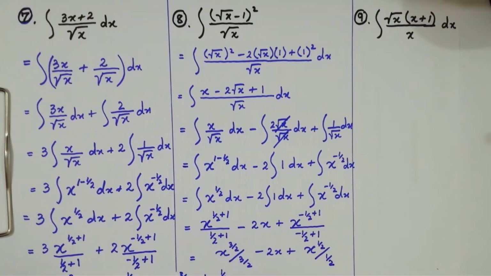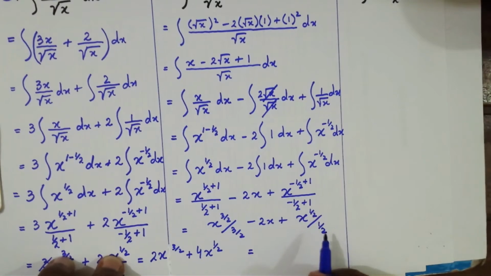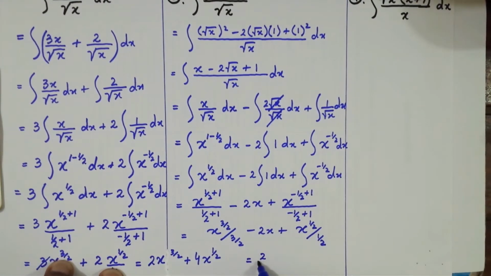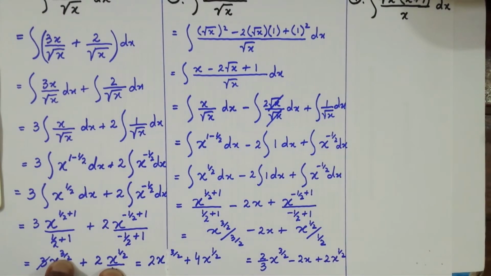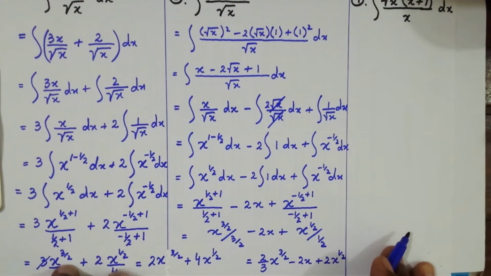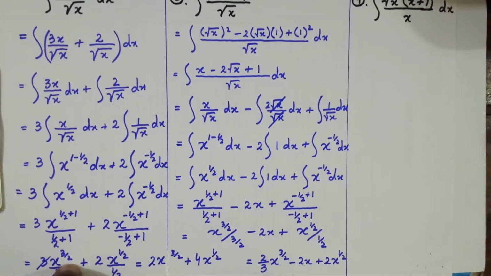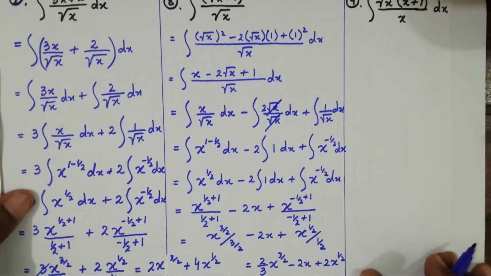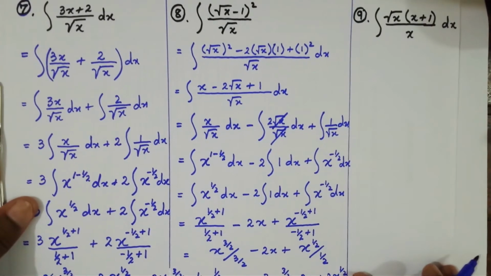So the final answer is 2 by 3 x raised to power 3 by 2 minus 2x plus 2 x raised to power 1 by 2. This is your required integration of the given question. After this, you can take out x as a common. Otherwise, this is your required integration of the given question.